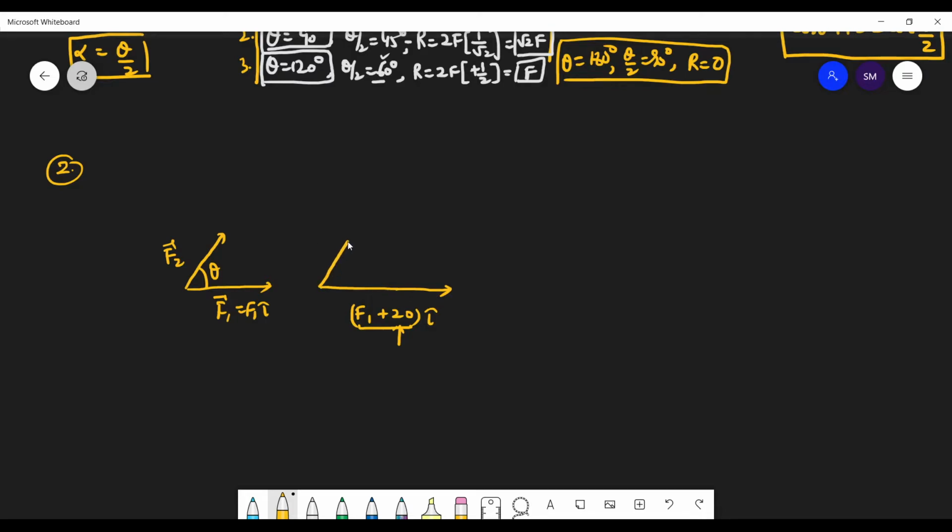Another case, this F2, and you add one more F2 to it, so the total will be 2F2. Again, the angle between the original vectors and the angle between the new vectors will remain the same. This is very easy, right? But this is a big concept. So the angle is not going to change.